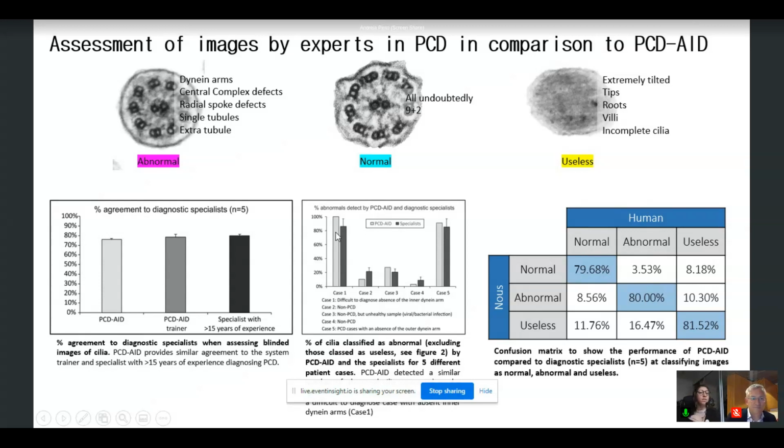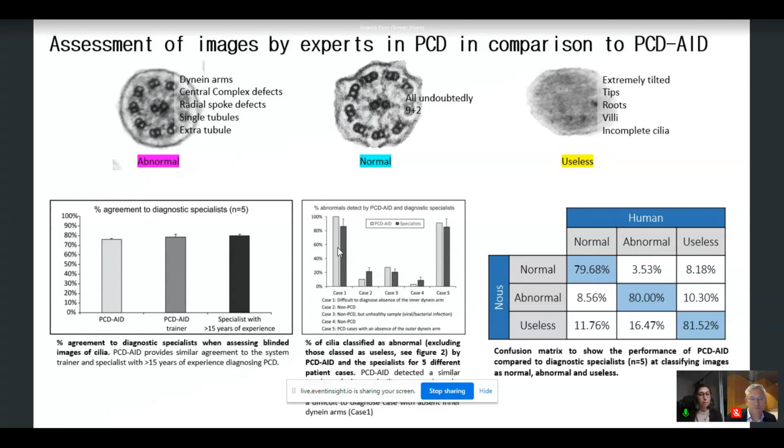These are always the defect that gives a lot of disagreement and arguing between the experts. And in this case, the experts didn't agree as much with each other, and they didn't give 100% credibility that there was an inner dynein arm defect, but the NOUS gave it. So the NOUS was very accurate in that analysis. And this was very, very good.